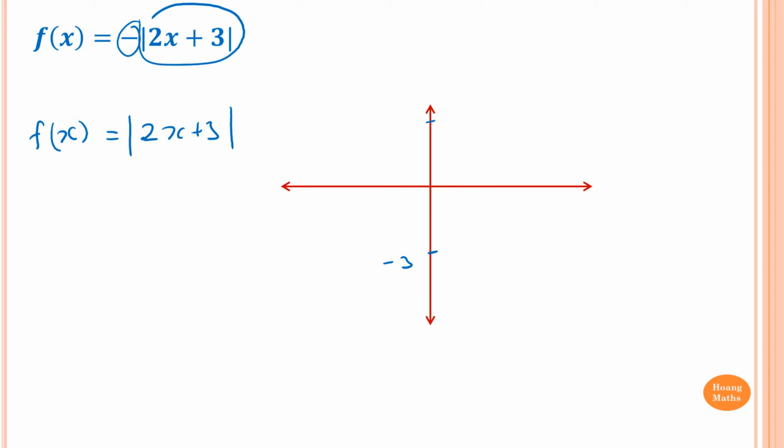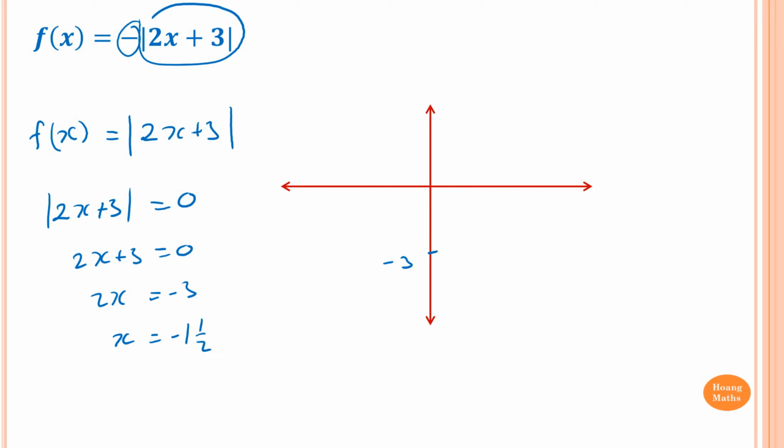And then to find the x-intercept, when f(x) is 0, that means the absolute value of 2x plus 3 equals 0. Then 2x plus 3 is 0, 2x equals negative 3, x equals negative 1.5. So 1.5 is roughly here, but it's negative 1.5.